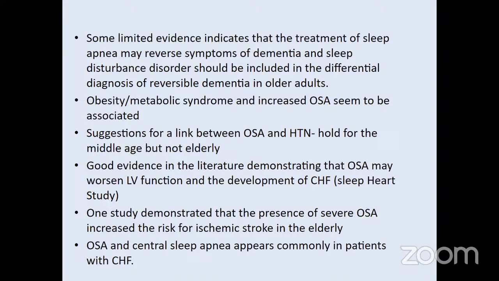There is good evidence in the literature demonstrating that obstructive sleep apnea may worsen left ventricular function and the development of congestive heart failure. We know that sleep apnea affects the right ventricle more than it affects the left ventricle, but studies suggest that the left ventricle with time can be affected as well, leading to biventricular failure and the development of congestive heart failure.